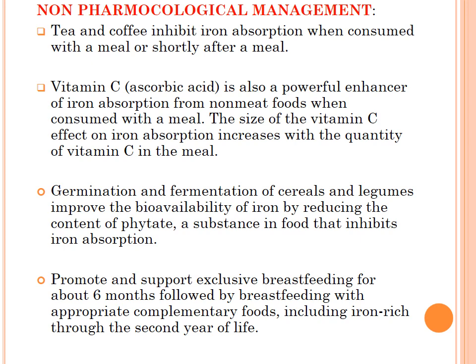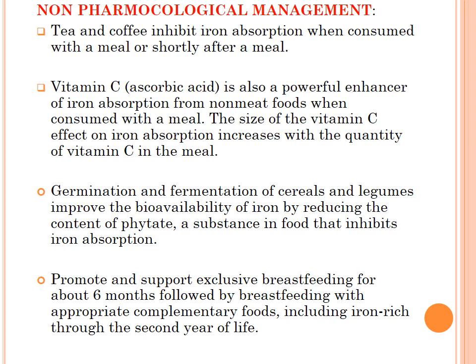What is non-pharmacological management of anemia? First of all, tea and coffee inhibit iron absorption when consumed with a meal or shortly after a meal. Vitamin C is also a powerful enhancer of iron absorption from non-meat foods when consumed with a meal. The size of the vitamin C effect on iron absorption increases with the quantity of vitamin C in the meal.